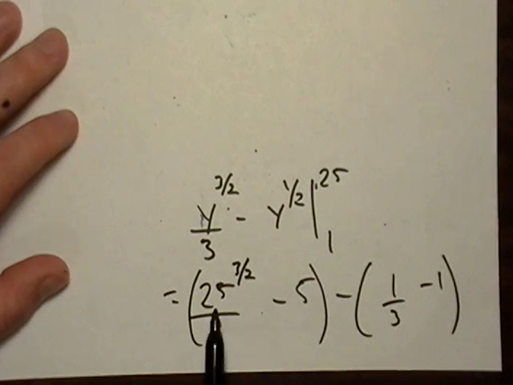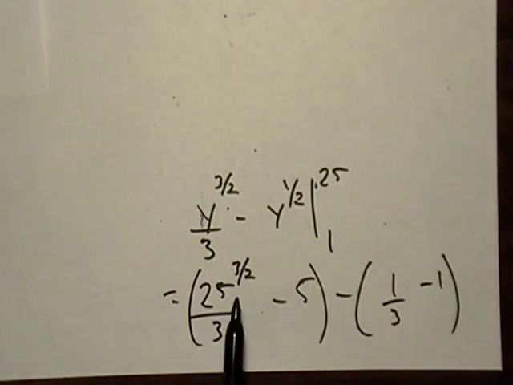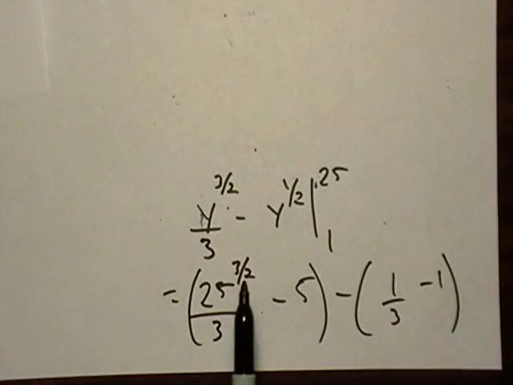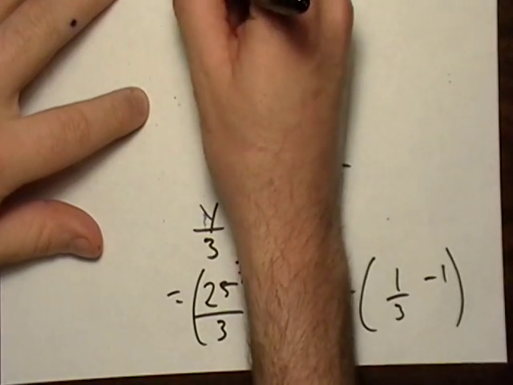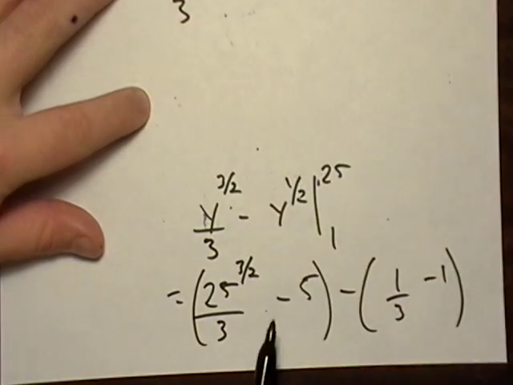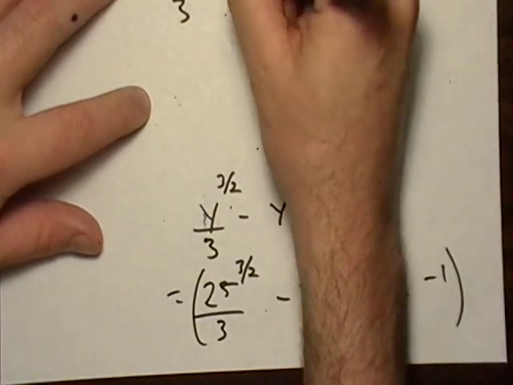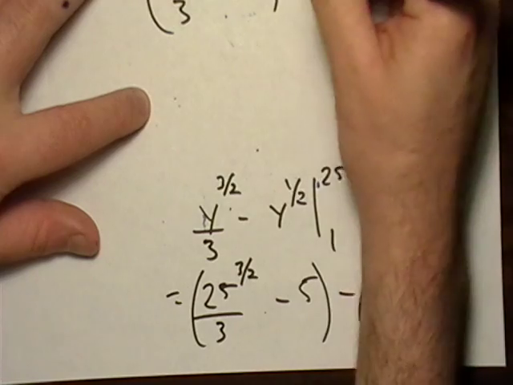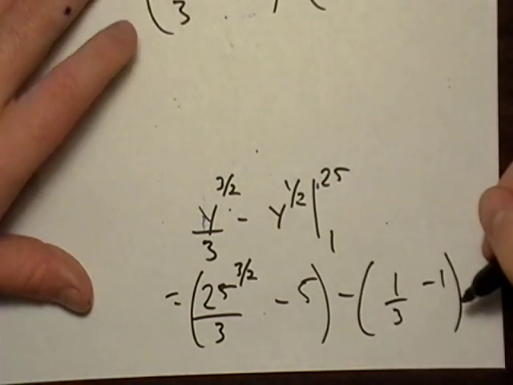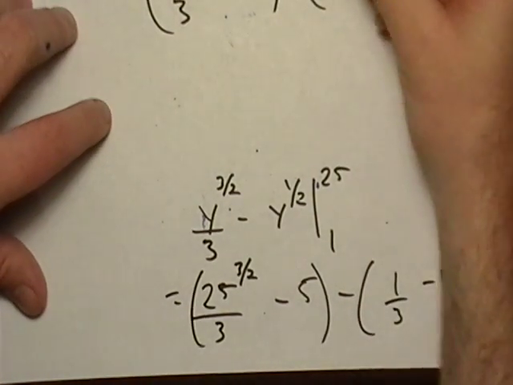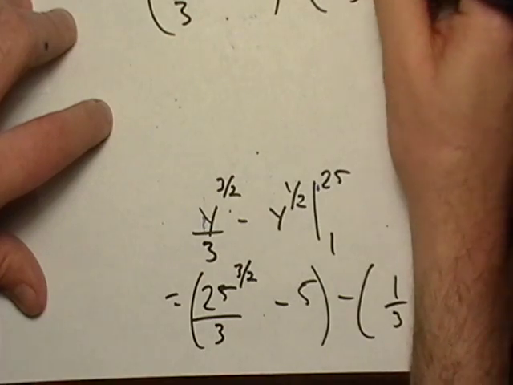Square root of 25 is 5, raised to the 3rd power, that's 125 thirds minus 5. 1/3 minus 1 is negative 2/3.